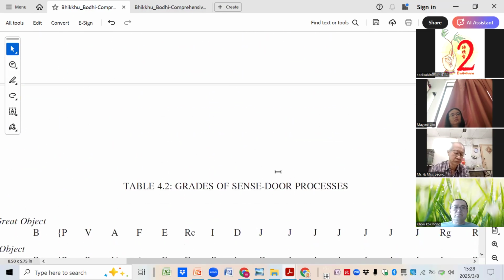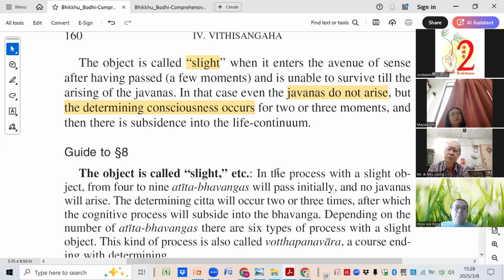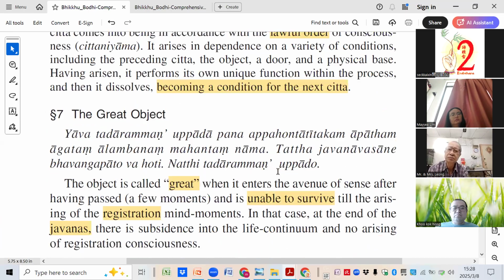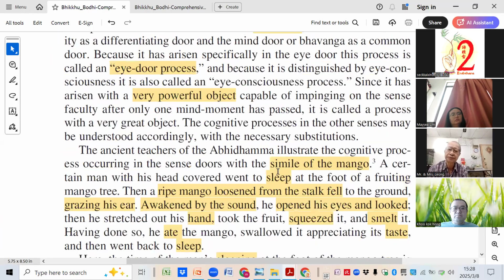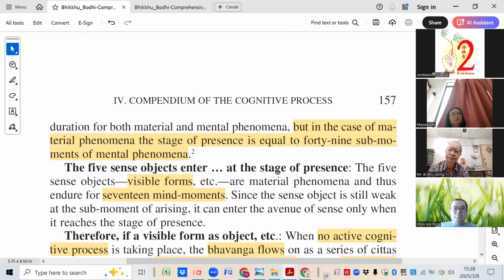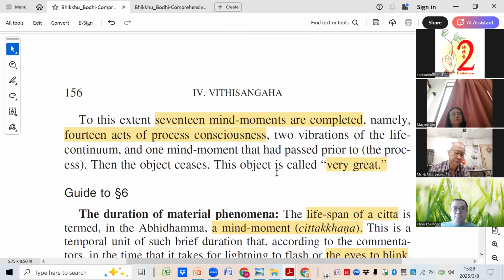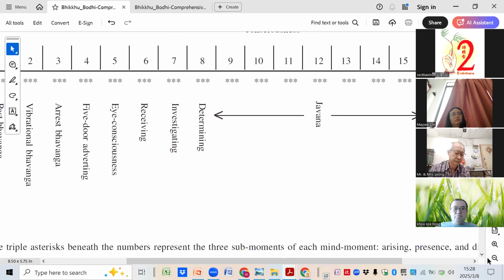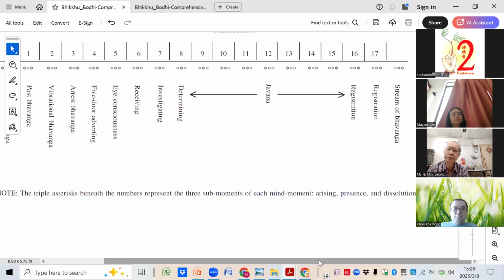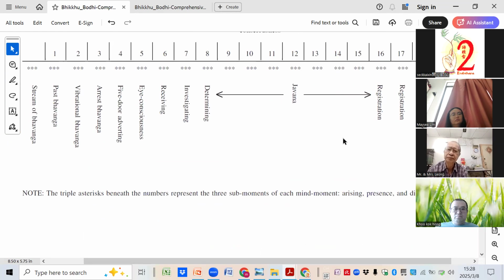Now you see, for example, this is a mind-door cognitive processor. If this is a movie, the Jawana is the main character, the main actor.